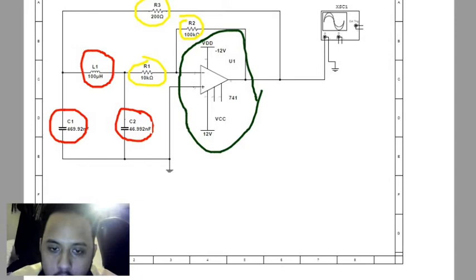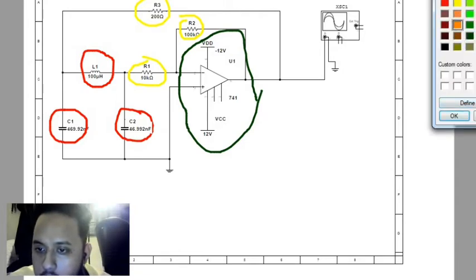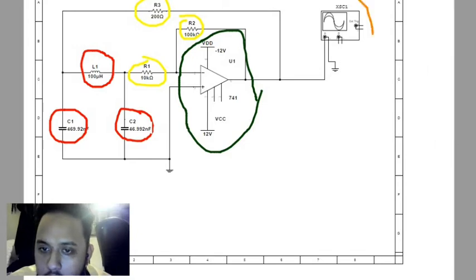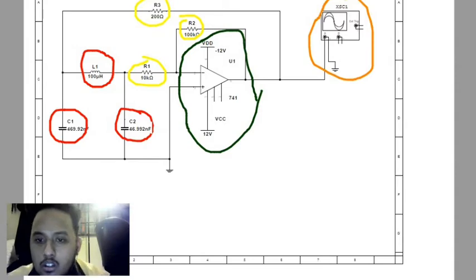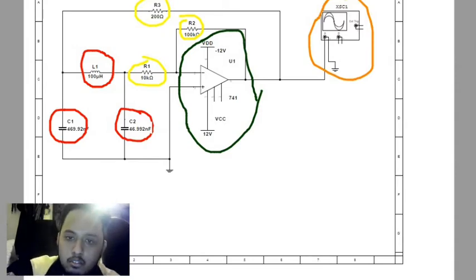The connection goes to the output, which is this device named the oscilloscope. For this oscilloscope, my friend will explain the result. Okay, thank you.